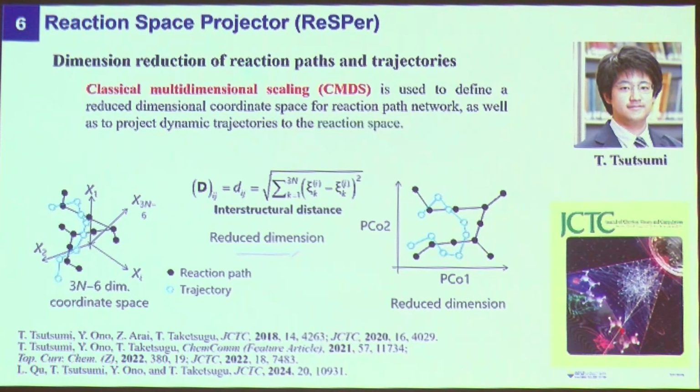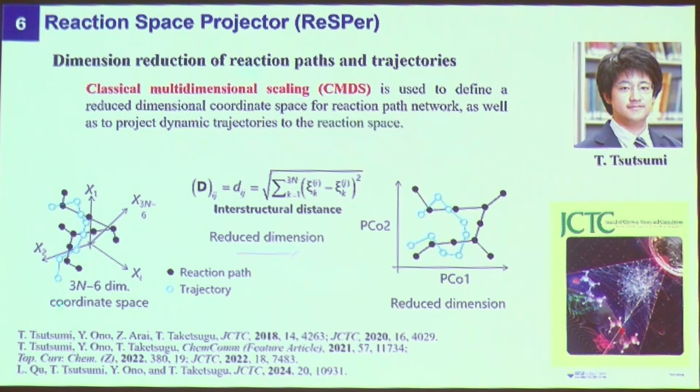This was mainly done by my previous PhD student, Tsutsumi. In this method, we use the classical multidimensional scaling method. Actually, a reaction path is defined in 3n or 3n minus 6 high dimensional coordinate space, and a trajectory is also defined in the same space.